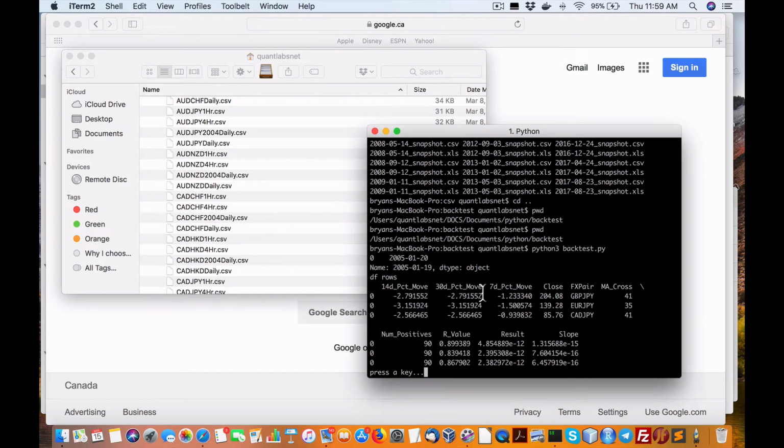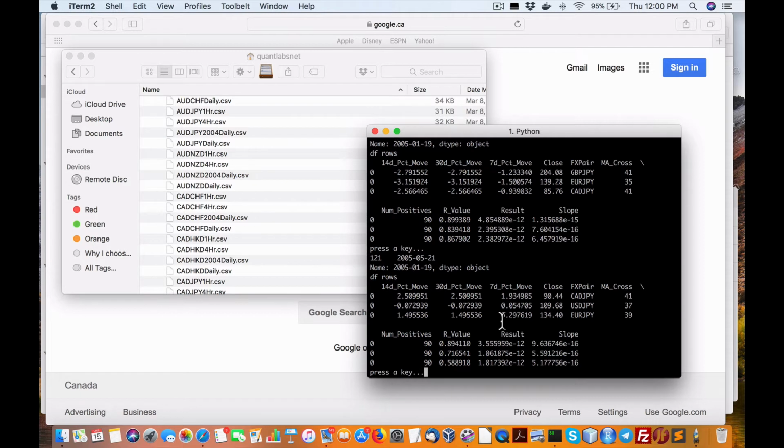So that's what these 7-day percent move, 14-day percent move, and 30-day percent move is. And that's for this period of January 19th, 2005. So then we move to the next period, and it will do the same thing where it moves ahead to now May 21st and does the same thing.